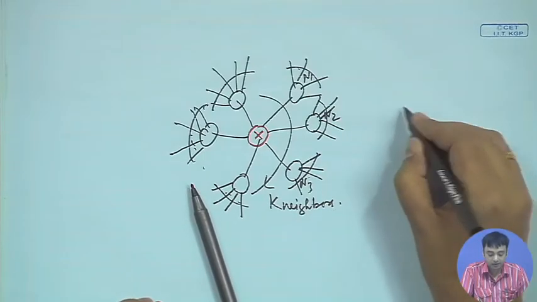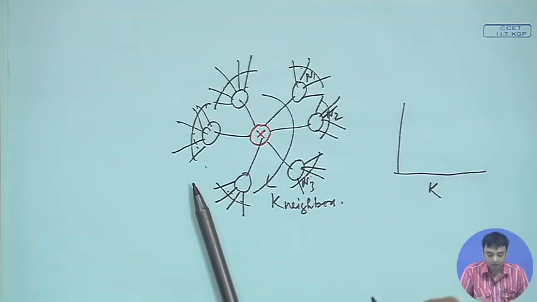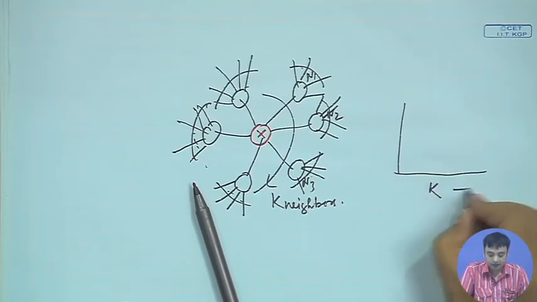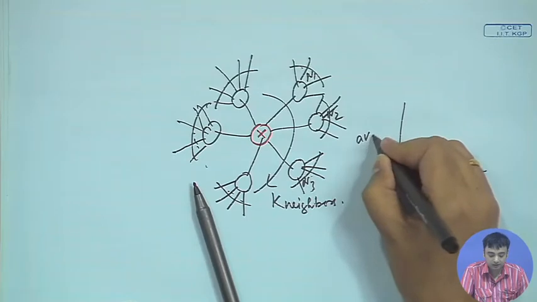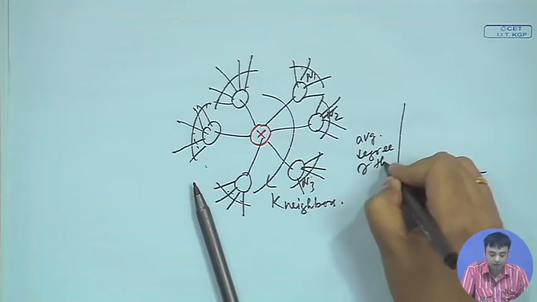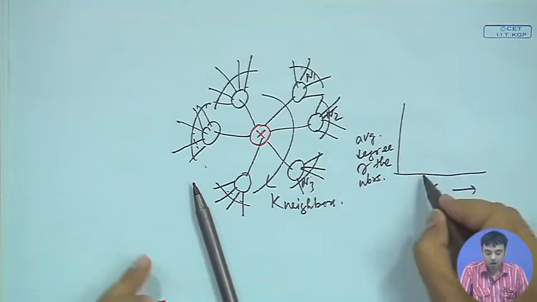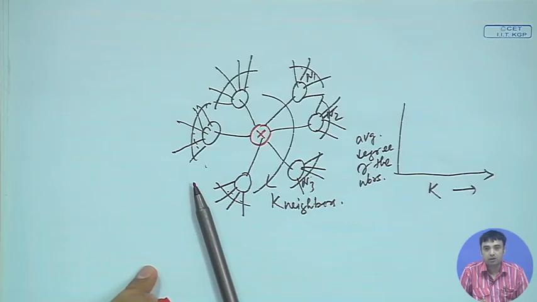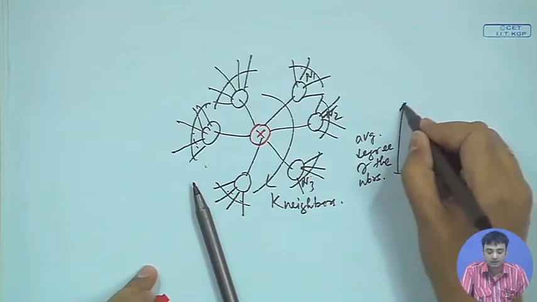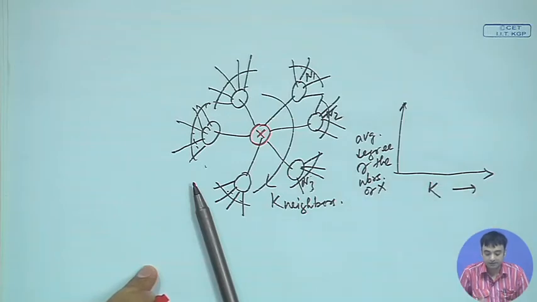So, you have the degree of the node x and the average degree of the neighbors. You have these two things. On the x axis you have the degree of the node x, and on the y axis you have the average degree of the neighbors of x.